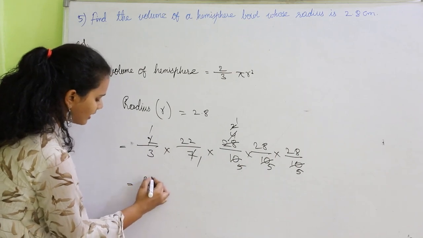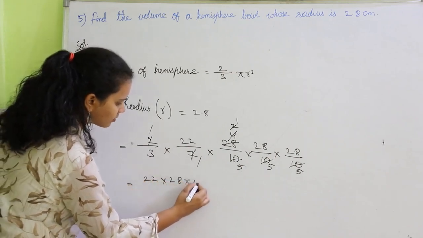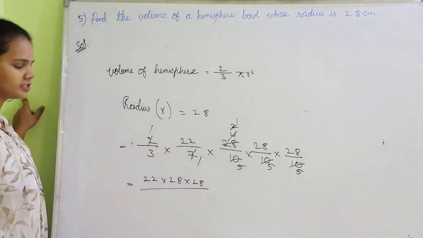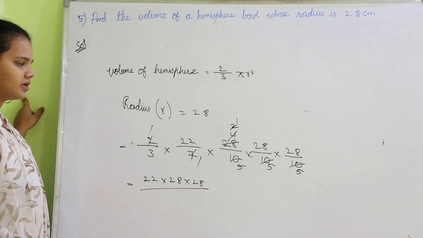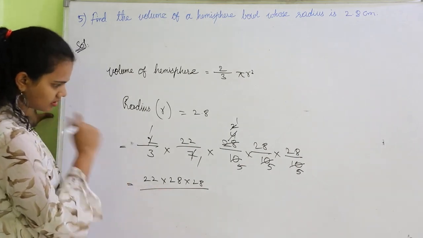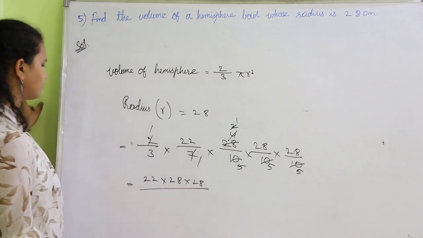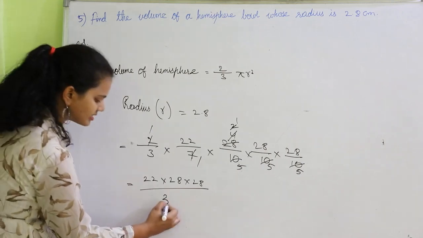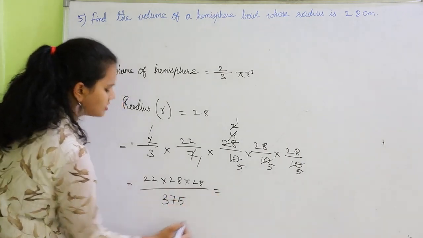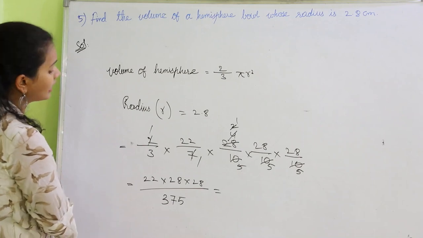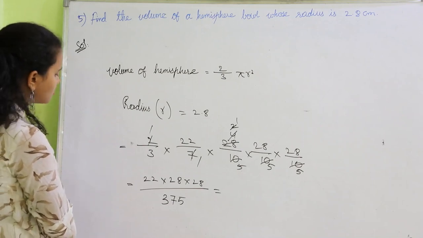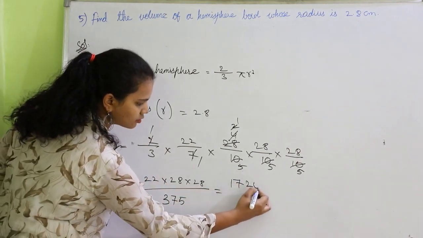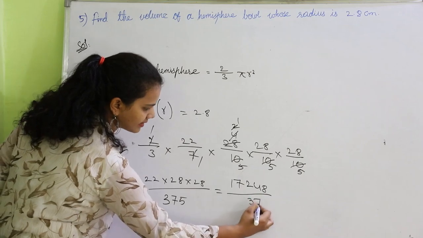Now in the denominator, 3 fives are 15, 15 fives are 75, 75 into 5 gives 375. We got 375. Now 22 into 28 into 28 gives 17248 by 375.